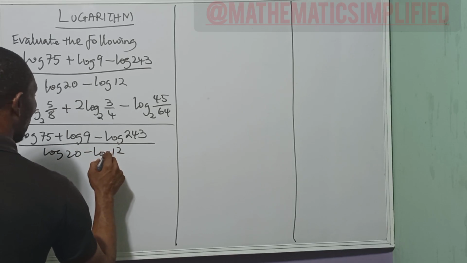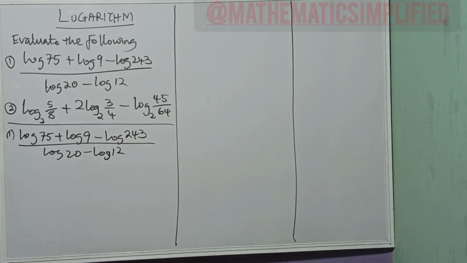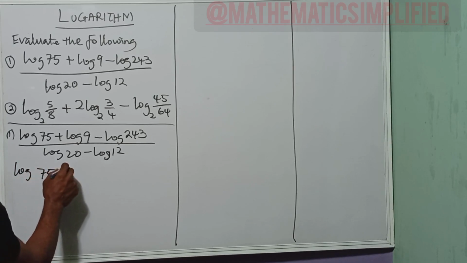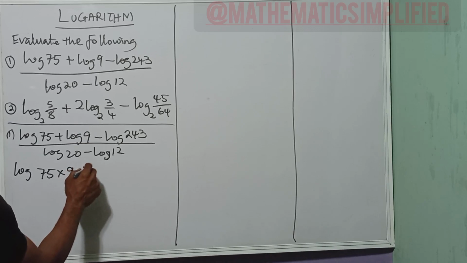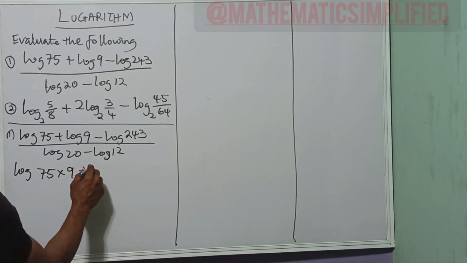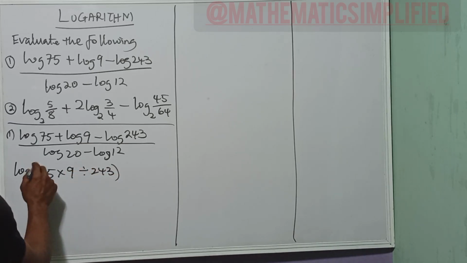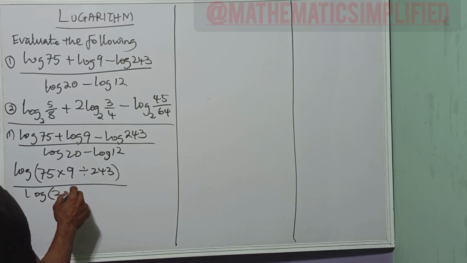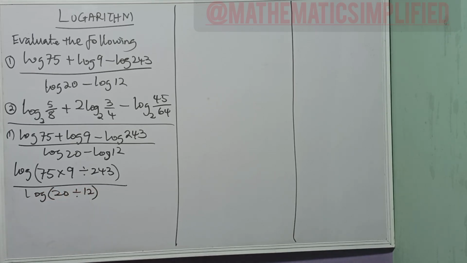Now applying our laws of logarithm, our product law and division law, this becomes log 75 times 9 divided by 243, all over log 20 divided by 12.